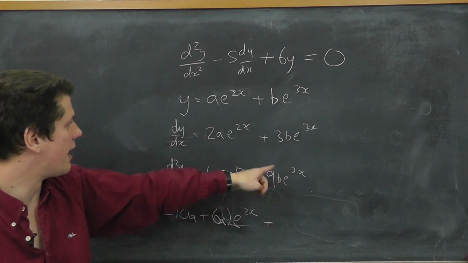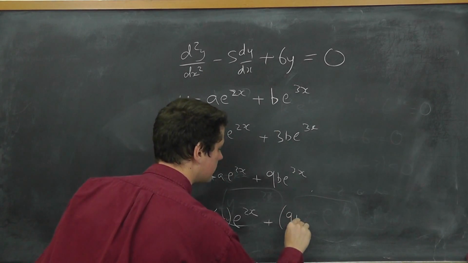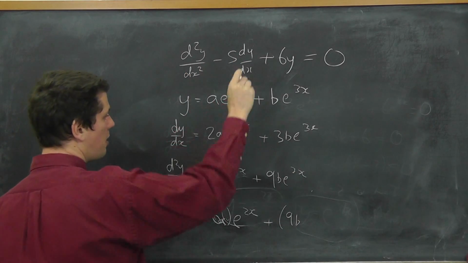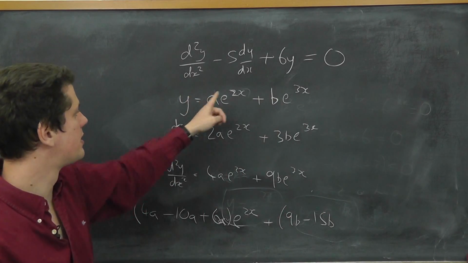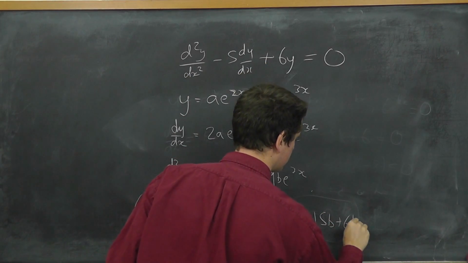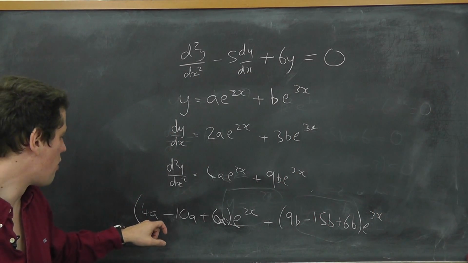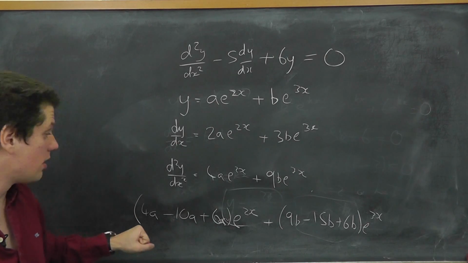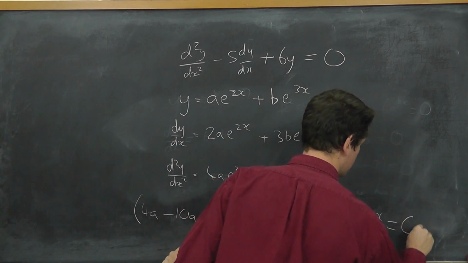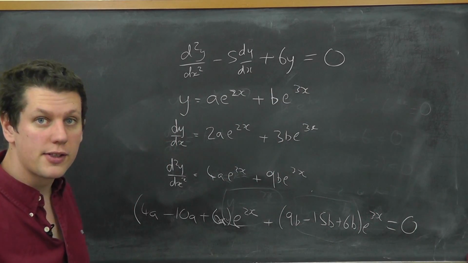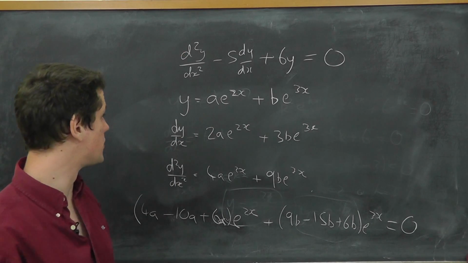And if we work out the e to the 3x terms, we get 9b from the d squared y by dx squared, minus 5 times 3b, so that's minus 15b, plus 6 times b, all times e to the 3x. And of course, 4a plus 6a minus 10a is 0, and 9b plus 6b minus 15b is 0, so we get 0 as expected. This is a general feature of equations like this, homogeneous linear differential equations with constant coefficients.